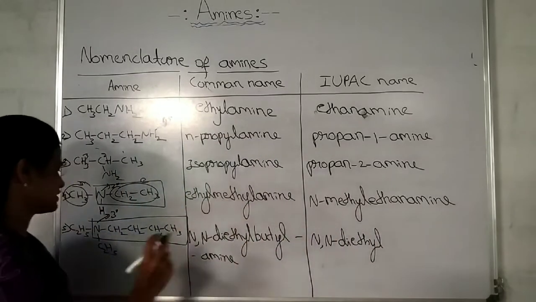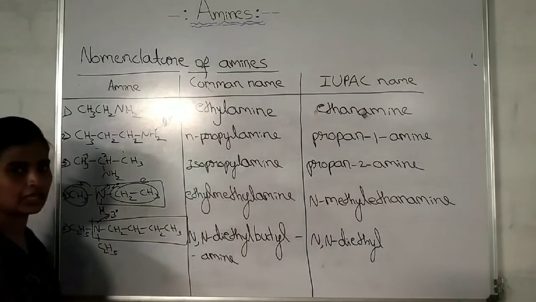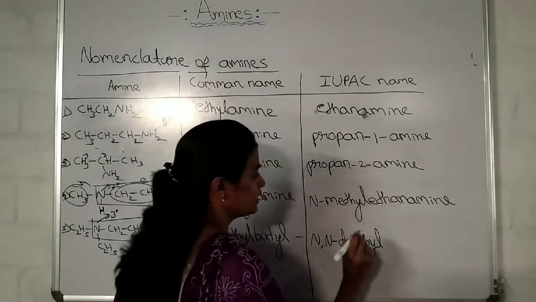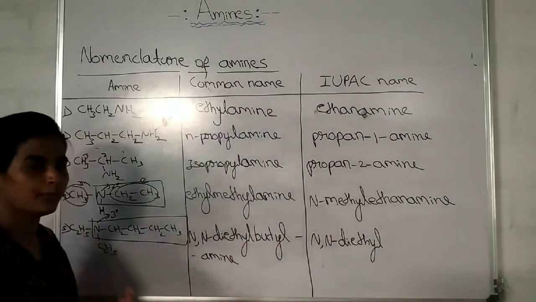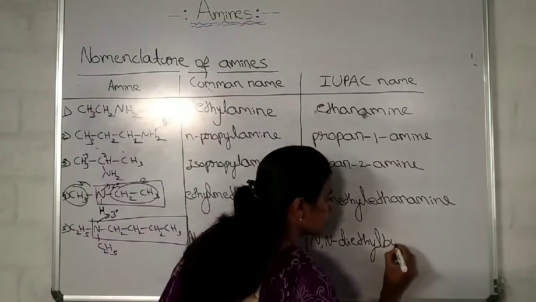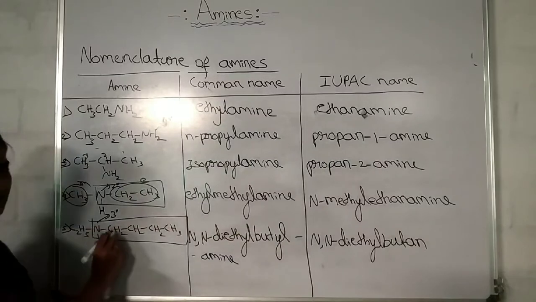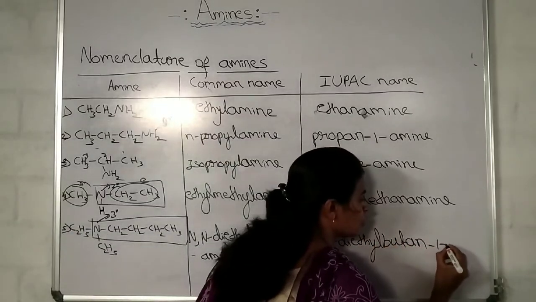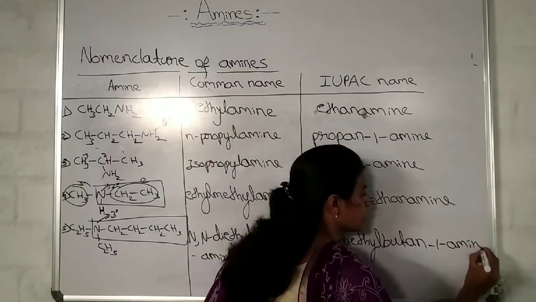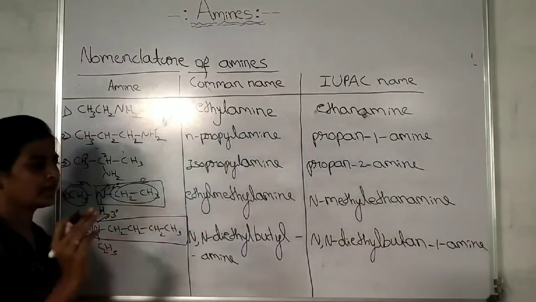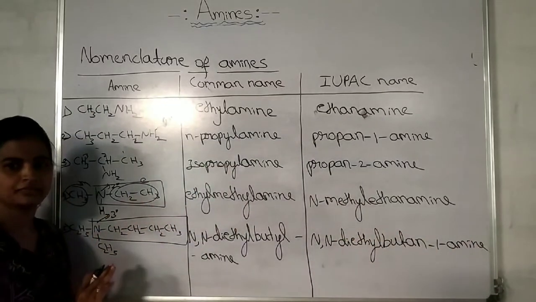How many carbon atoms are there? 1, 2, 3, 4. Four means what? Butane. To which carbon atom is the amino group attached? First carbon atom. Butan-1-amine. N,N-diethylbutan-1-amine.